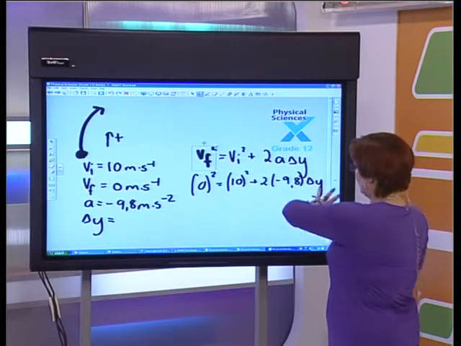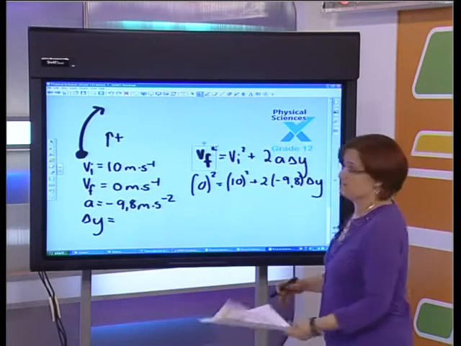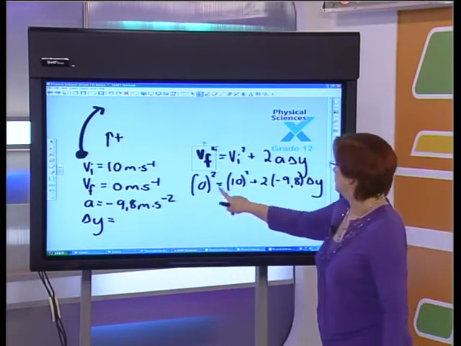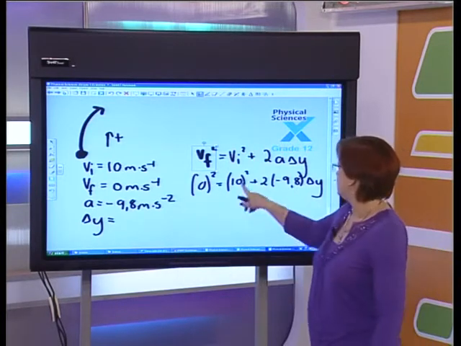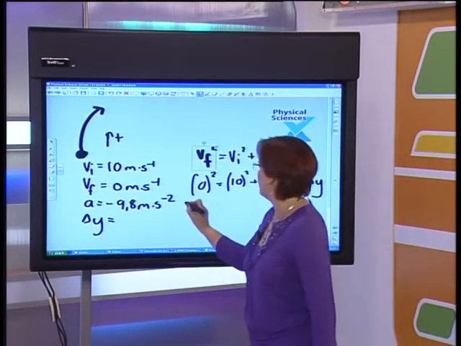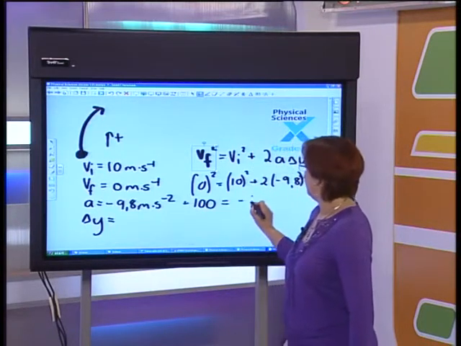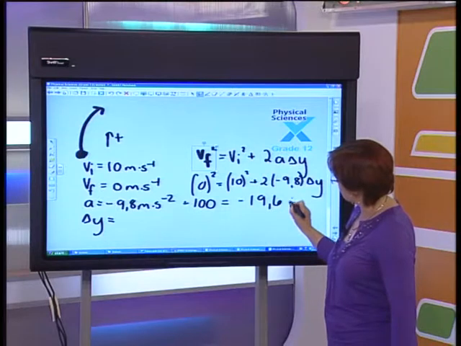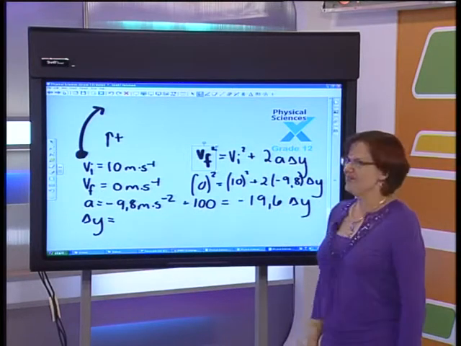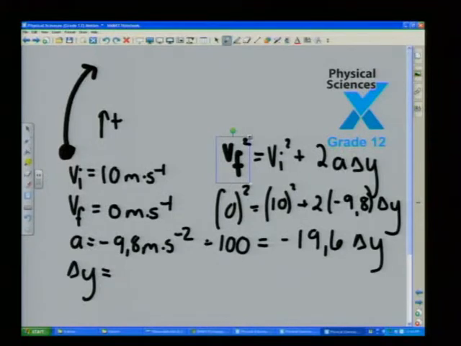We have our equation. Now it's just substitution and changing it up. So 0 squared is 0, so we're not going to worry about it. 10 squared is 100. And when I take it over, I'm skipping some of the maths, but I'm hoping you guys are all following me. It becomes minus 100, and we get minus 19,6 times delta y. This is brilliant, because what happens when I take a negative number and divide it by a negative number?